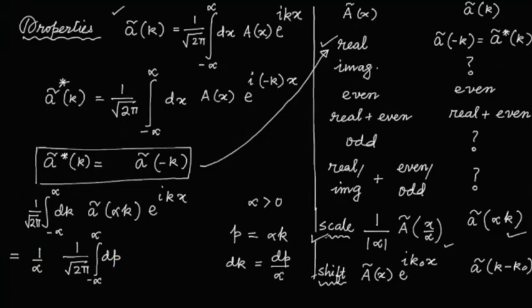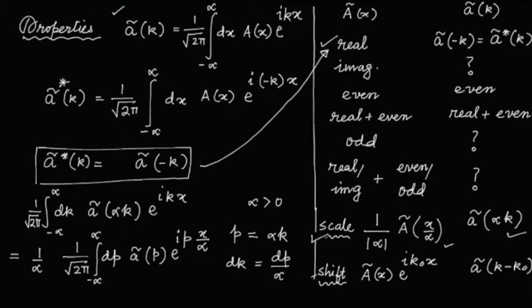A tilde of alpha k is just a tilde p. And now the integration is on p, so I need to divide x by alpha, because then p by alpha becomes k and then kx, which is what it was there.